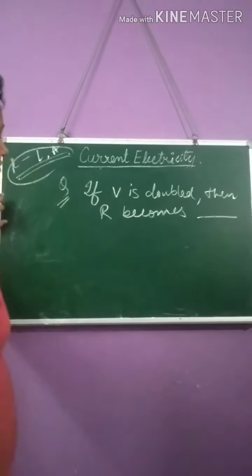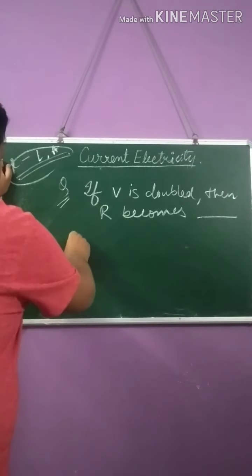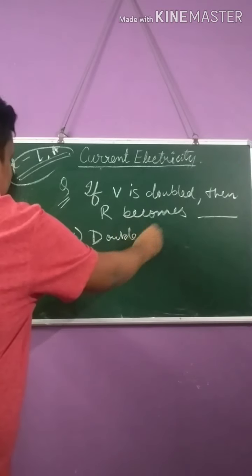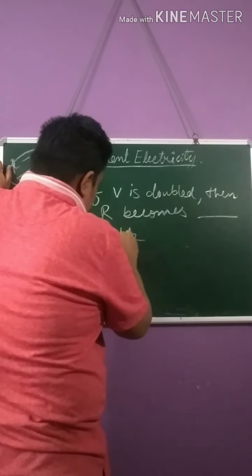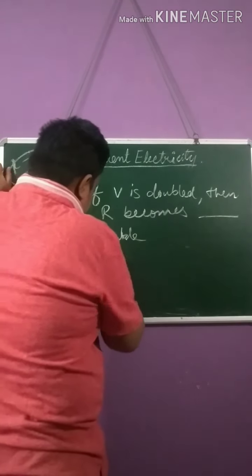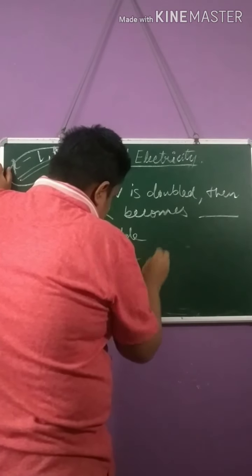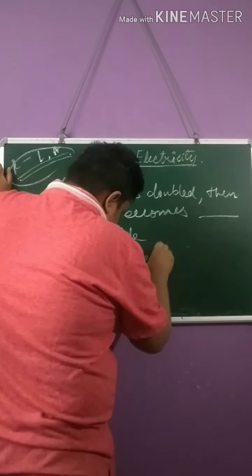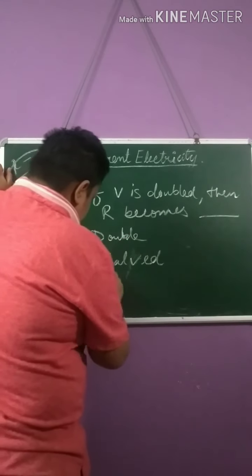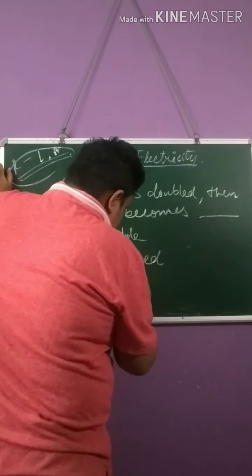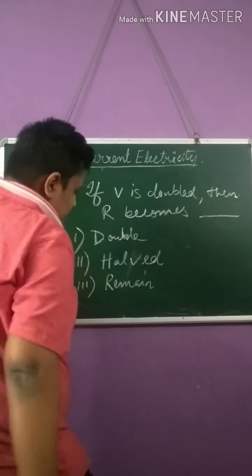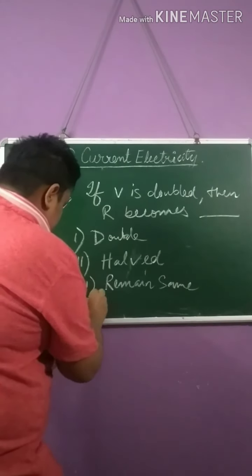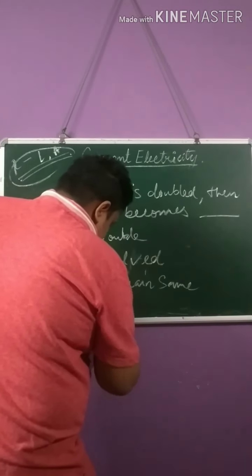The options will be: A, double; B, half; C, remains the same; D, none.